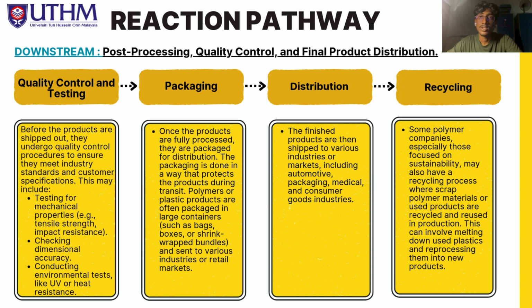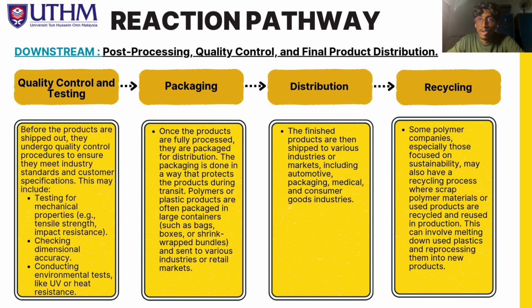The second part is packaging, where once the products are fully processed and successfully tested, the products that pass the test are packaged for distribution. The packaging is done in a way that protects the products during transit, to ensure that they are safely delivered to the intended customers, such as companies or industrial places and so on.